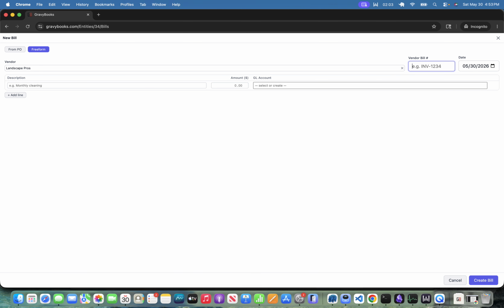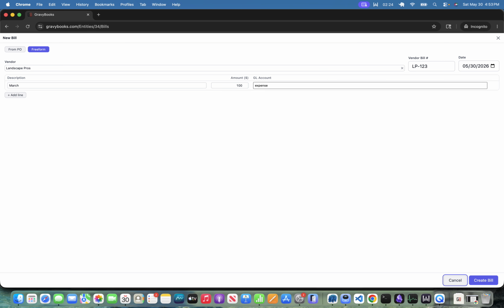Their bill will always have a number on it, so you know which number to pay, and then a description and an amount, and then you can configure your GL account that this expense hits.